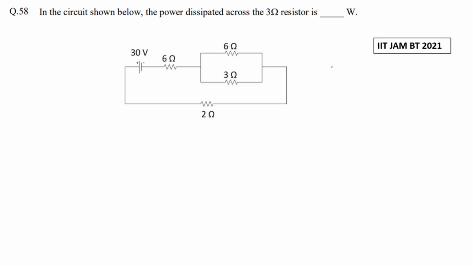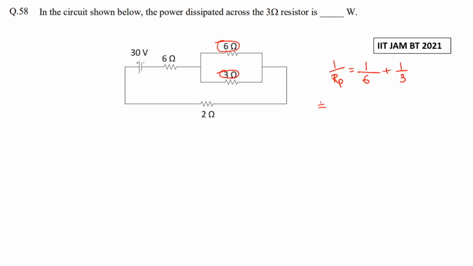If Rp is the equivalent resistance of these 2 resistors, then 1 by Rp is equal to 1 by 6 plus 1 by 3. That is the resistance of these 2 resistors, 6 ohm and 3 ohm. So the reciprocal of the equivalent resistance is equal to the summation of reciprocals of the parallel resistors.